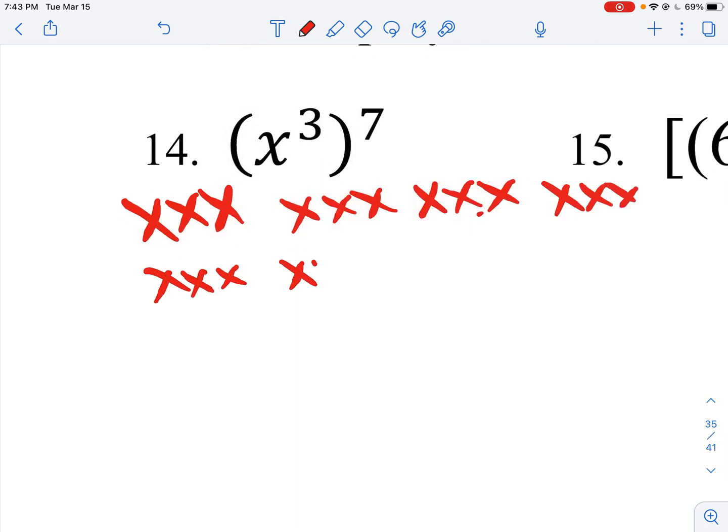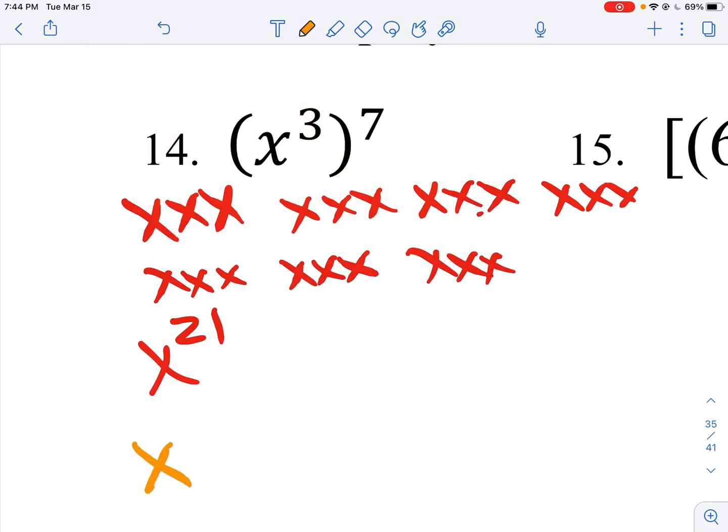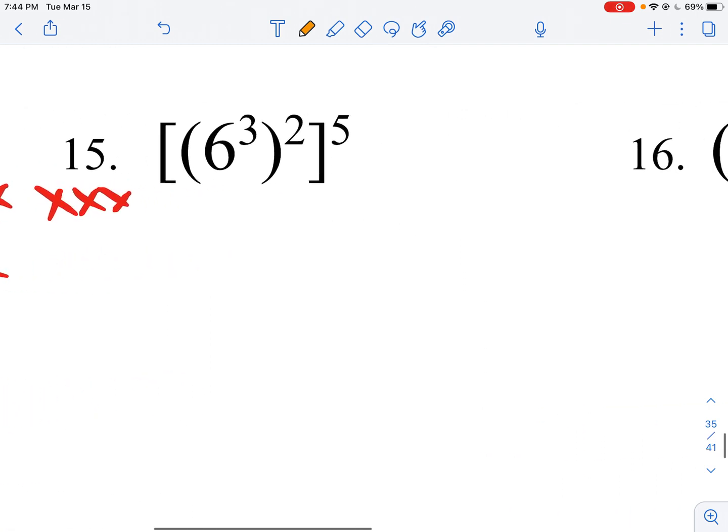This is not division, boys and girls. All I've done is, oh, I don't want to do that. This is not division, okay? How many do I have? I have 21 of them. It is not division. If I do the property, I multiply the exponents and get x to the 21st.